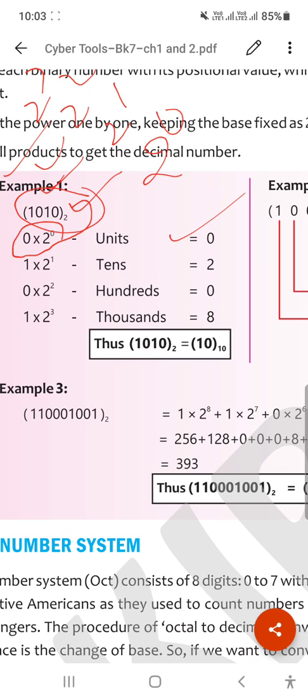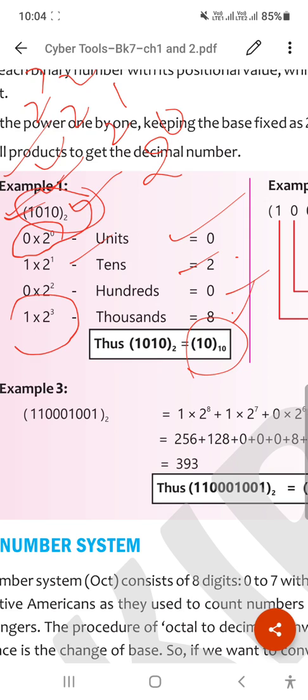Now 1 is multiplied by 2 to the power 1, it becomes 2. Now 0 is multiplied by 2 to the power 2, it becomes 0. And 1, this most significant bit, is multiplied by 2 to the power 3, which is 1000, meaning 8. The answer would be 8 plus 2, meaning 10, right?